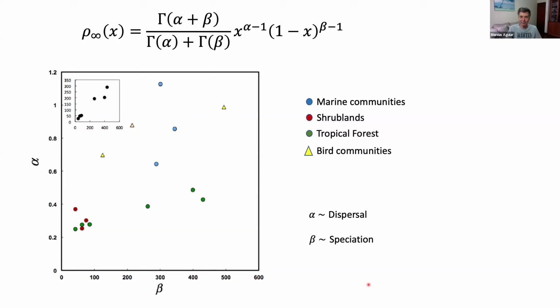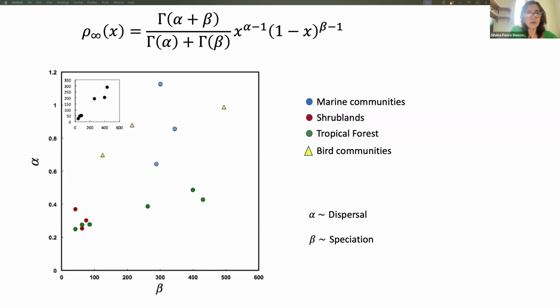Okay. Thank you. Now, let me ask you something briefly. You have an inset in that figure that in the vertical goes to much larger. Right. This is the relationship between our beta parameter and the parameter that Steve Hubbell developed for his analysis, which he called the biodiversity number.